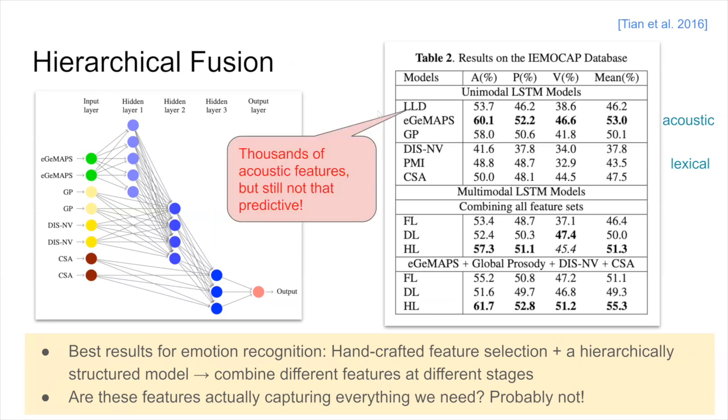So the basic thing to note here is that we had really big acoustic feature sets. This was a real massive one, like 1,000 something acoustic features, just everything people could think of from a signal processing point of view. And it didn't do that well. If you just constrained it to the eGeMAPS feature set, that one was basically handpicked.